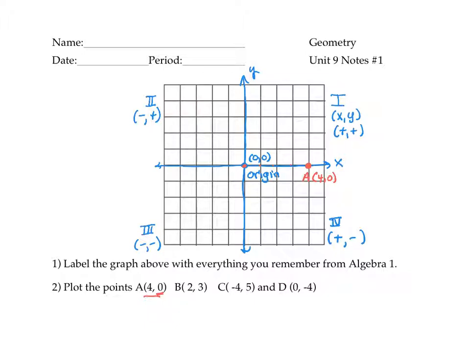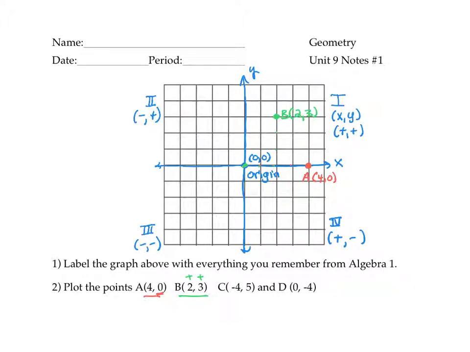For point B, with coordinates 2, 3, the x and the y are both positive, so that means we're going to be in quadrant 1. So starting at your origin again, you want to count to the right 2, and then up 3. So point B would be right there, and again its coordinates are 2, 3.